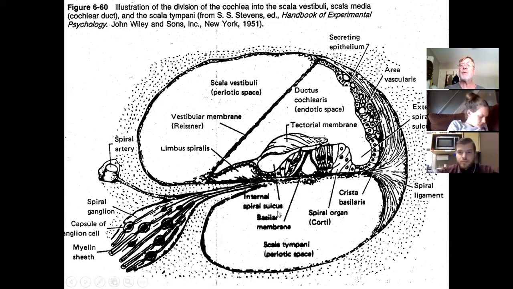So these are membranes you need to memorize. Basilar membrane, Reissner's membrane, scala vestibuli, scala media, scala tympani. Vestibuli, media, tympani.